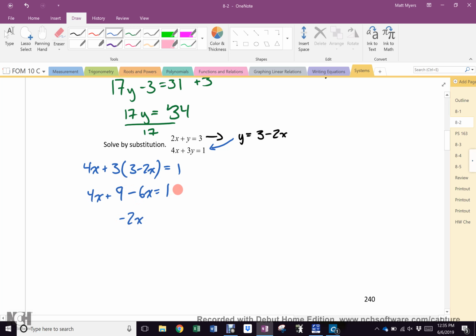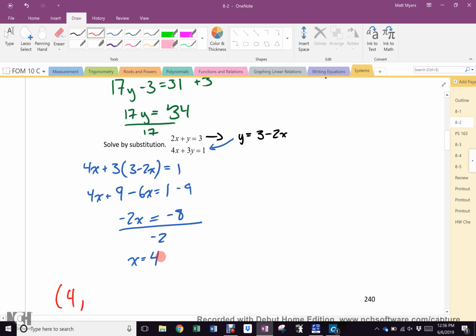To become what? What is 1 minus 9? Negative 8. What's my last step? Divide by what? Negative 2. What does x equal? 4.